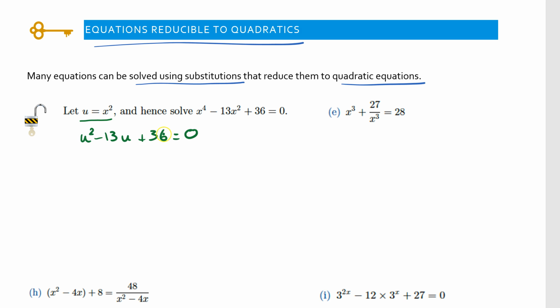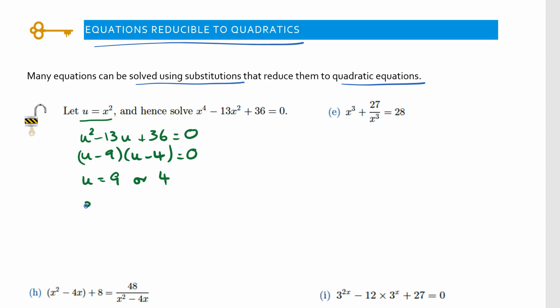I solve that, trying products and sums first. So there are two numbers that multiply to 36 and add to minus 13, and there are. So u minus 9 and u minus 4 equals 0. These two factors give us that the roots are u equals 9 and u equals 4.